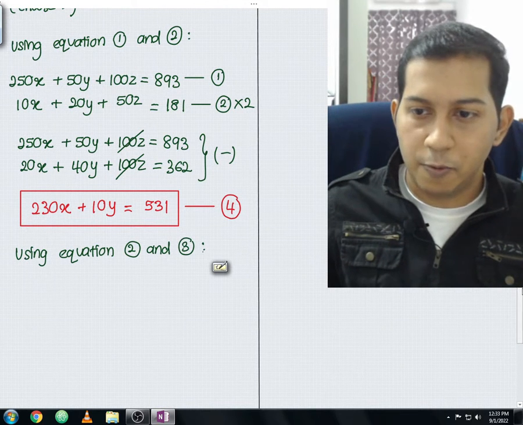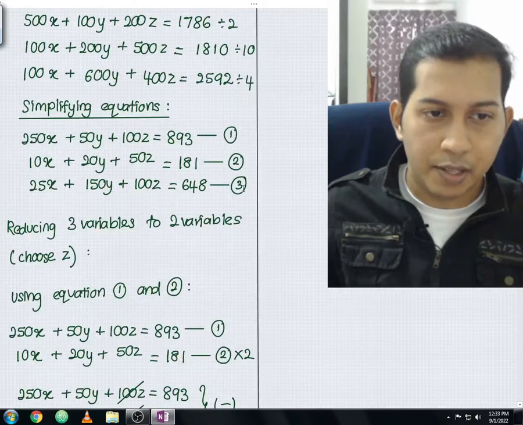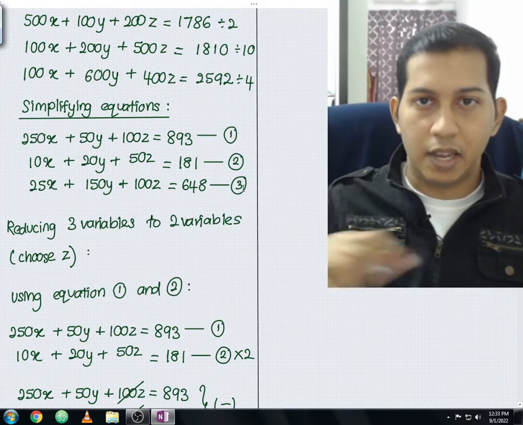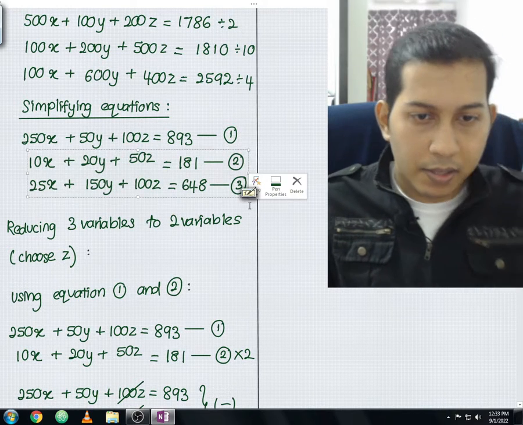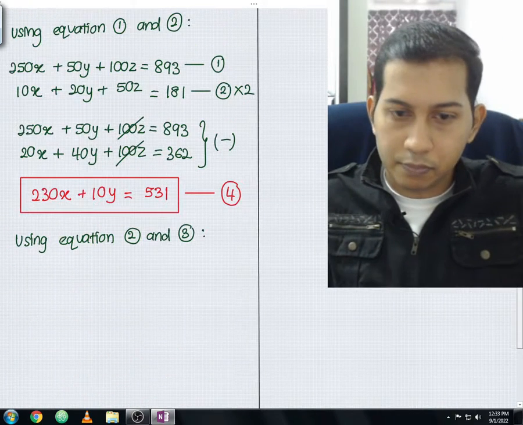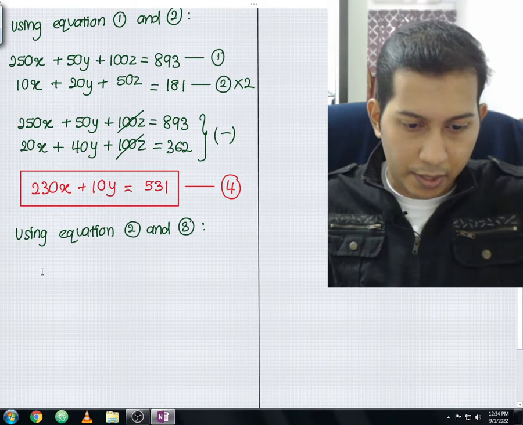What I'm going to do is copy equation 2 and 3 and paste it under the working here. Let me just copy this equation and paste it over here.